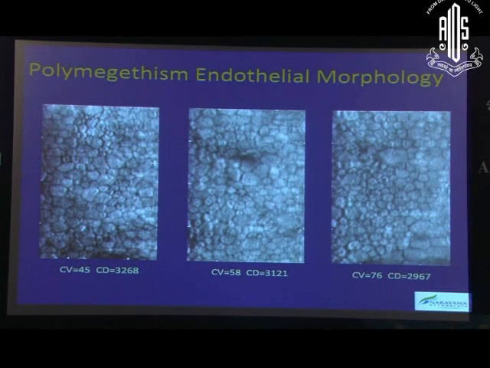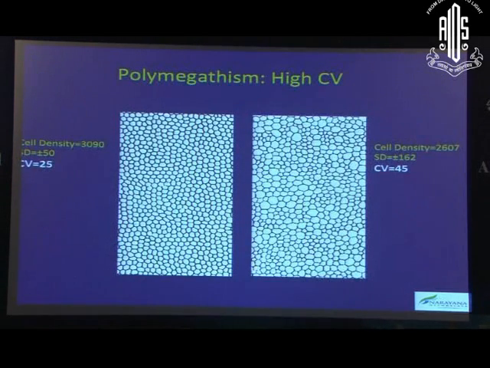So you see the corneal density, everything is the same here, but with more CV, you see the cells are bigger and smaller. Here you have an ideal theoretical picture of an endothelium where the density is very high. The next picture also has very good density, but you see CV is 45 here, CV is 25 here.